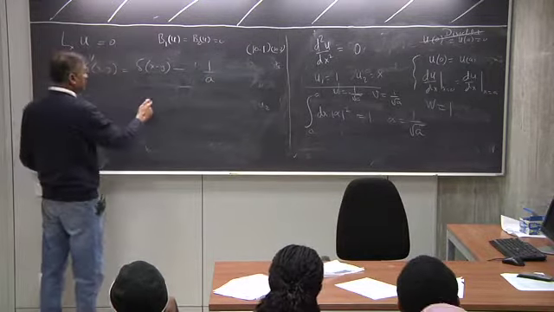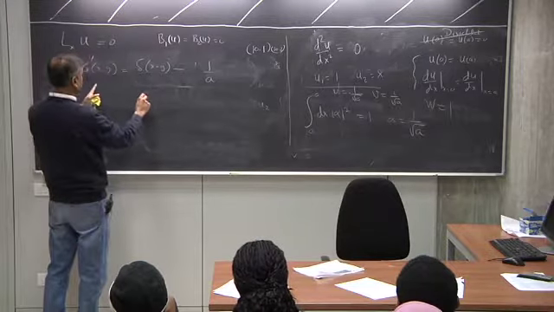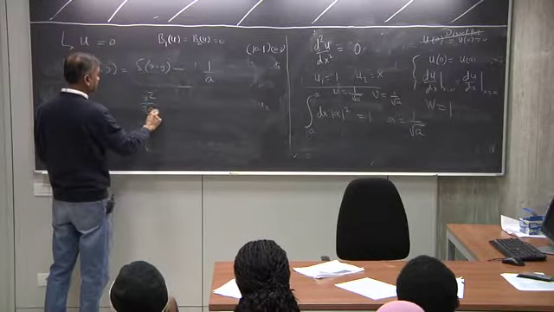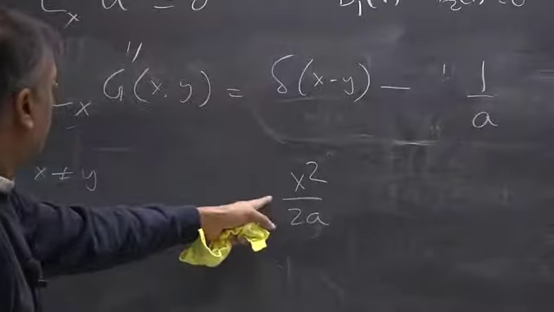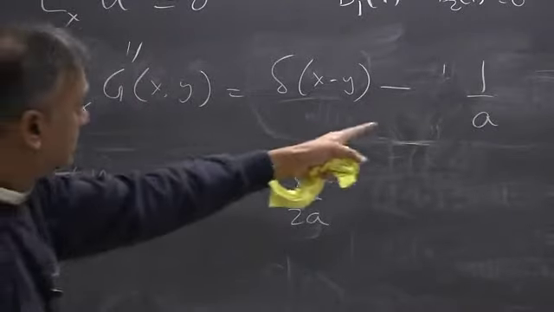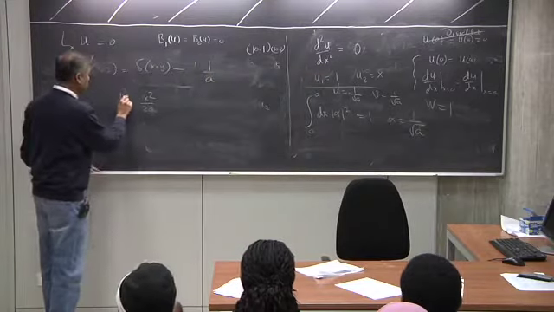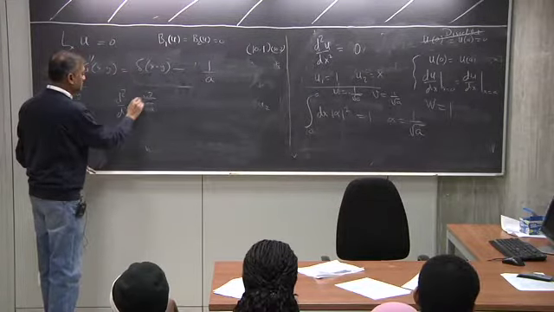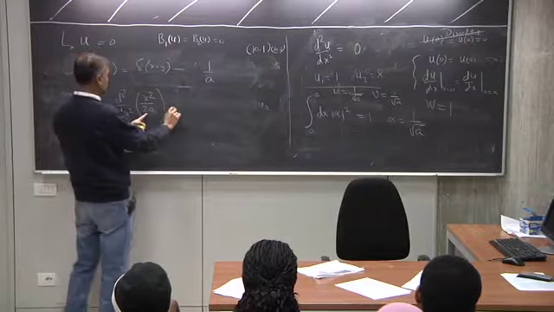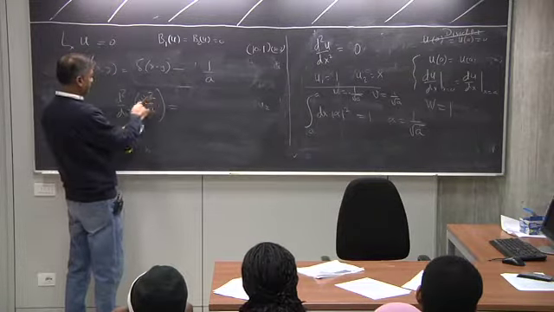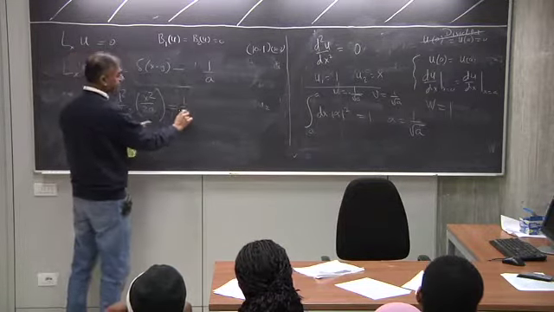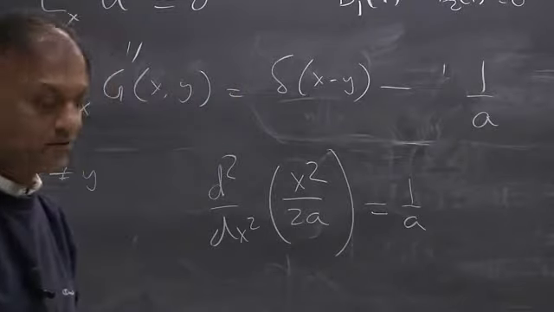If I choose anything which goes like, let's say, x squared by 2a, and you apply this differential operator, Lx, which is d2 by dx2, on this object, you find this is equal to 2x, the 2 cancels, so it's just 1 over a, with a minus sign.